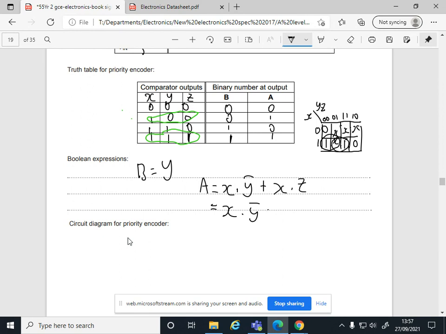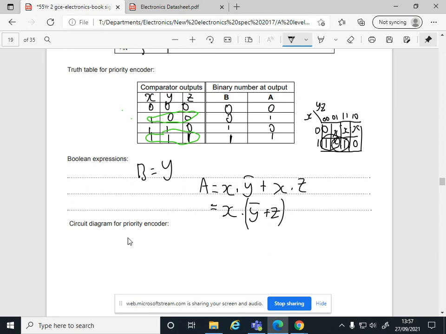Not Y or Z. Is that right? Z there. Okay, I think that's that one there, which you can have.